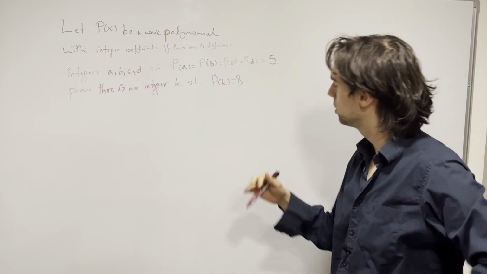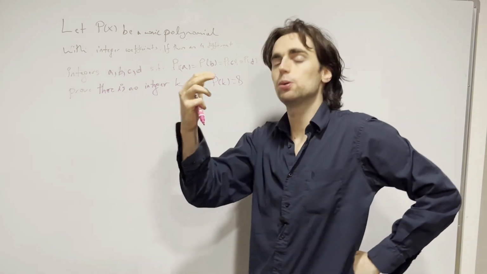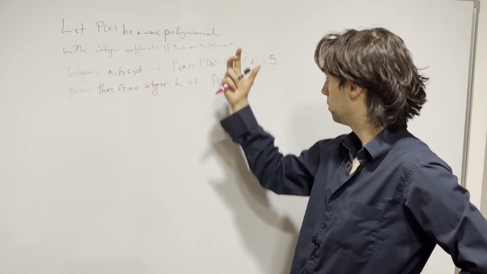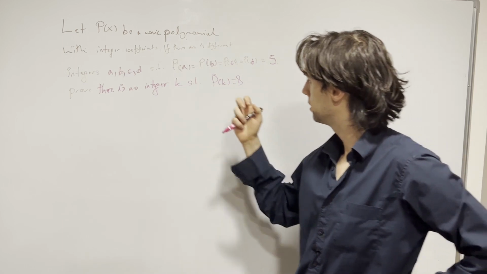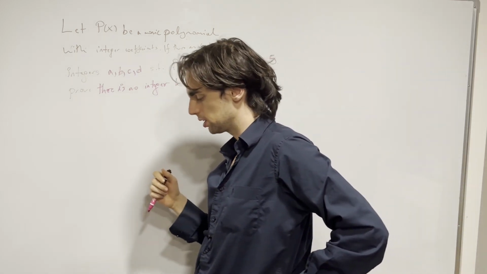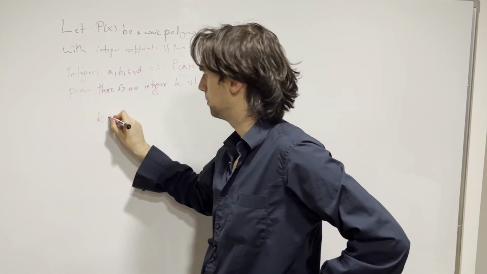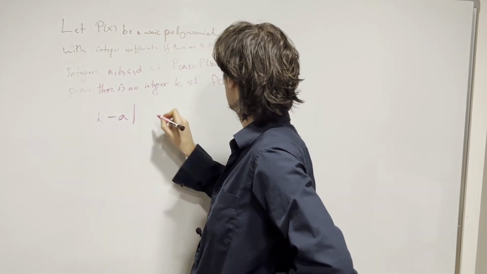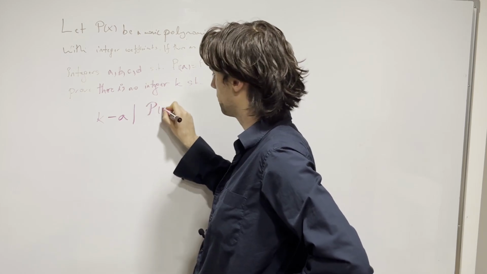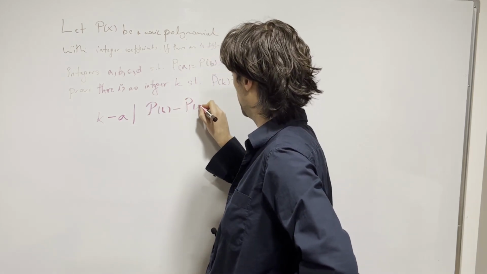So, what then? The thing we usually use when we have these polynomials is, if these are integers, then k minus a divides p of k minus p of a.